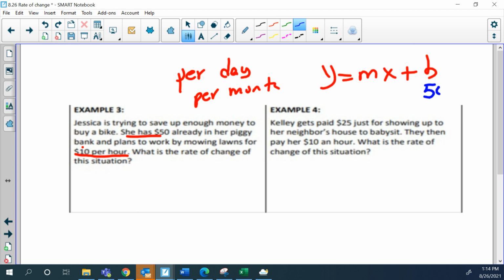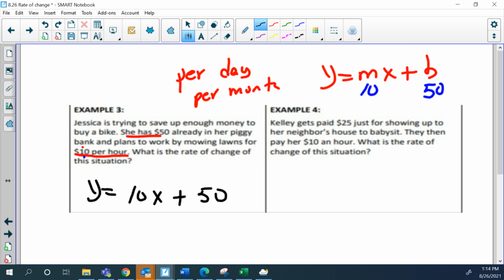So 50 would be the initial value because that's what she's starting off with in her savings. And then the rate of change, m, is going to be 10. 10 is going to be your slope right here. And so if you're asked to write an equation that models example 3, that would be y is equal to 10x plus 50.